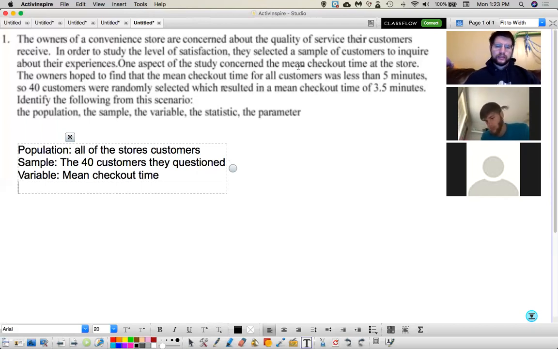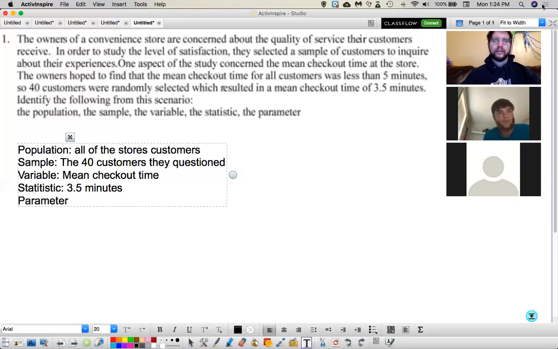The statistic is for the sample, S and S. Parameter is for the population. So the statistic is that sample mean of 3.5 minutes. The parameter is the population mean, and it said less than 5 minutes, so that would be the 5 minutes they're talking about there.